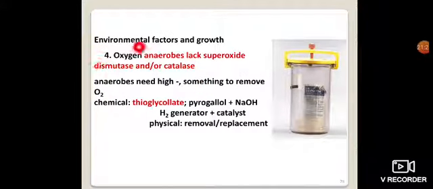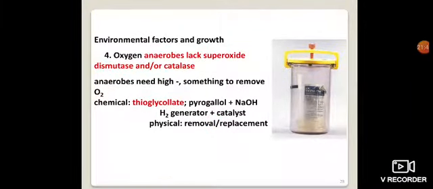Due to the absence of oxygen, it simply produces an anaerobic condition. So anaerobes need less oxygen, or sometimes the oxygen can be removed by this type of process.